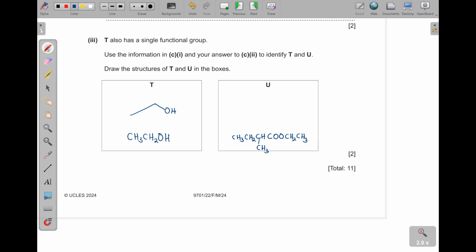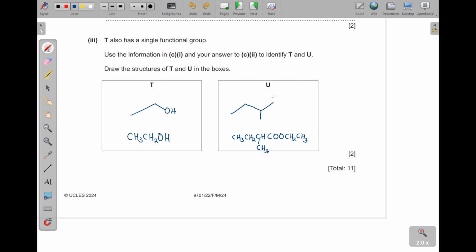Or I can write it as this, that, this is 1, 2, then there is this CH3 down here. So I can put this one here down.